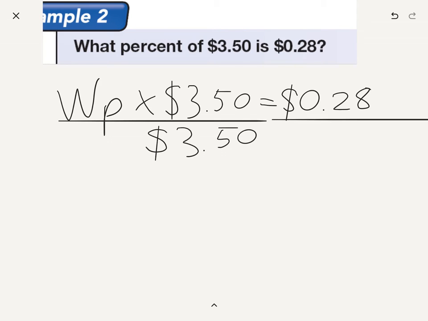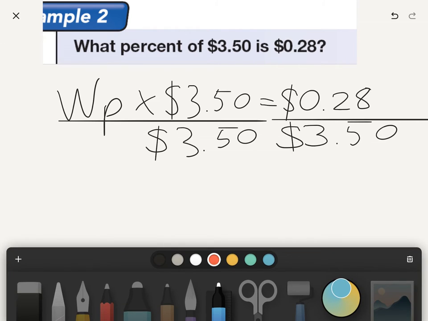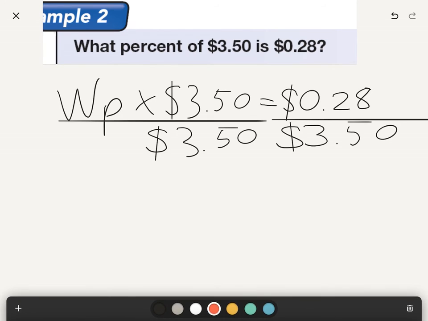$3.50. And I suppose there's some kind of voodoo we could talk about of saying, well, these two dollar signs cancel each other out. But really, you can throw out the dollar signs. You don't need to worry about the dollar signs when you're actually doing your equation.